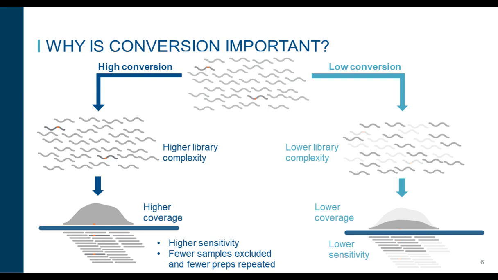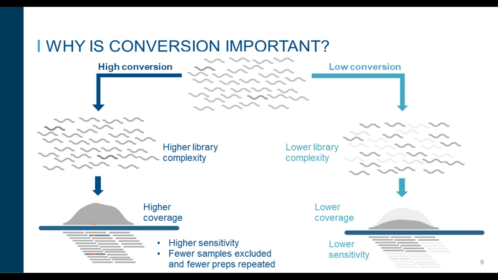Why is conversion important? Let's start at the very top, you have your input material, your sample. You have your variant of interest in the dark gray that has a little red nick in it. This is like searching for a needle in a haystack. You need all of your molecules and cannot afford loss.